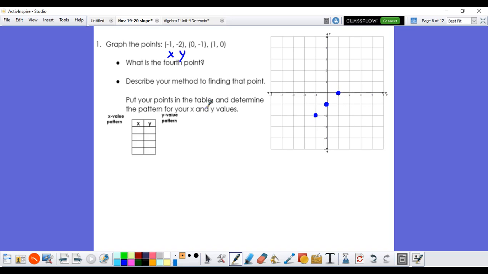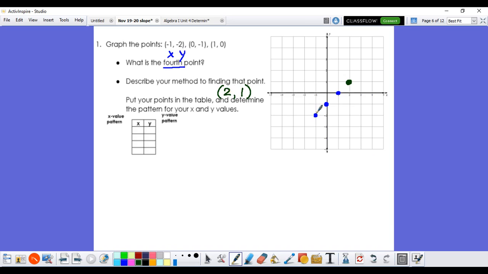Now, can you tell me what would be the next point going up to the right? What is the fourth point going up and to the right? Look closely at the graph and then choose the correct ordered pair. So hopefully you determined that the next point should be 2, 1.